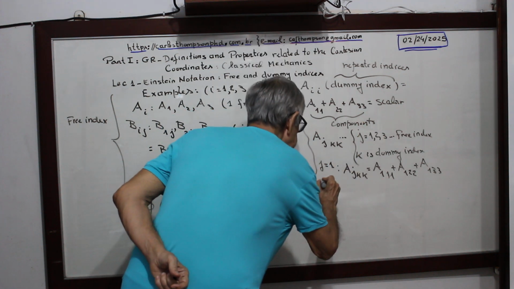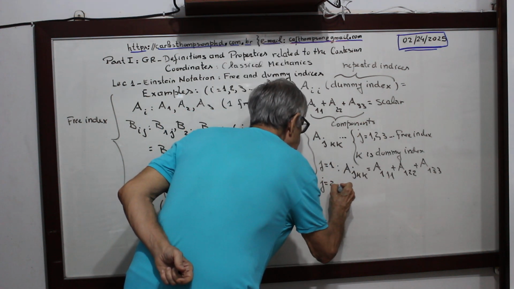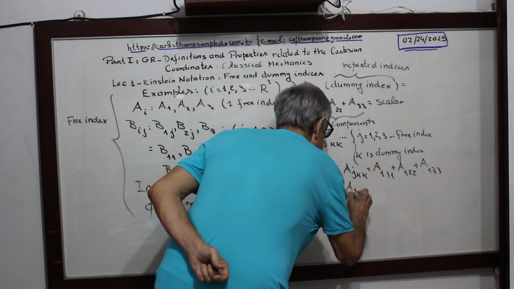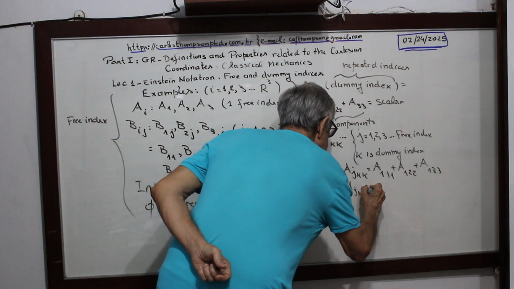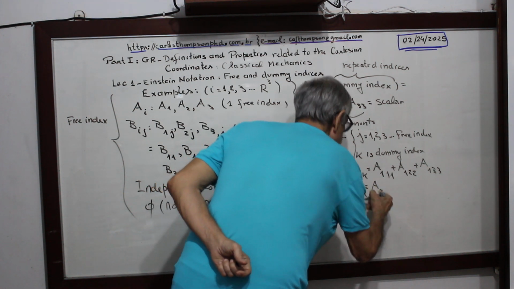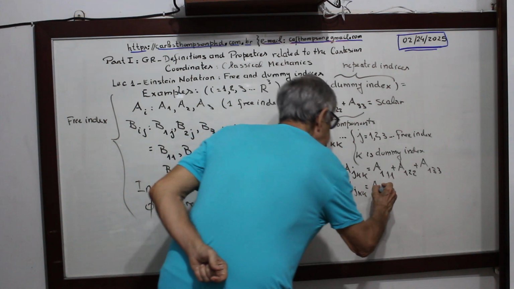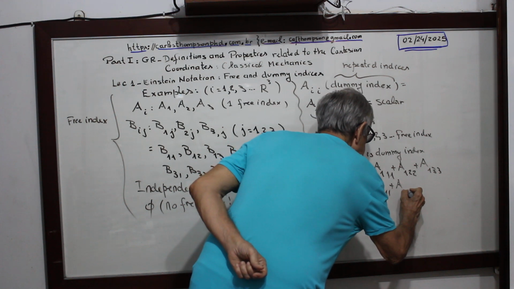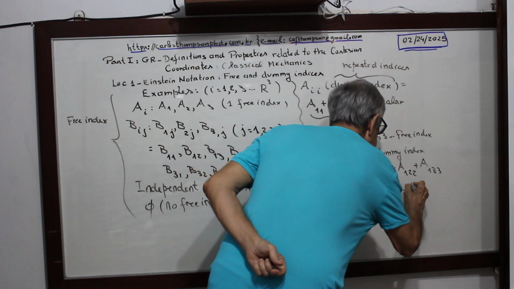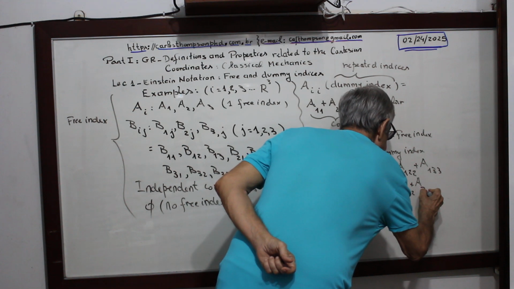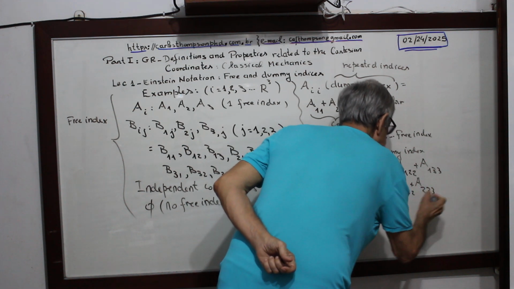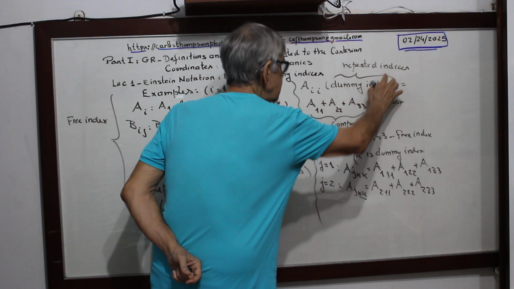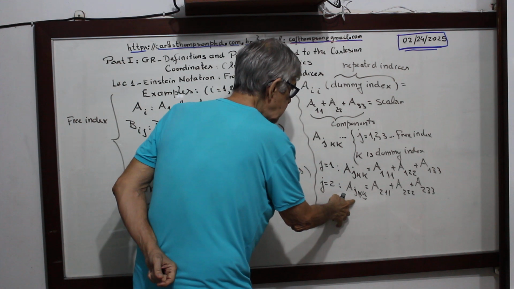Now, because it's free, j is equal 2. Now I have A_jkk equal A_2kk. Now I sum in k: A_211 plus A_222 plus A_233. You see, k is a repeated index. j is a free index.